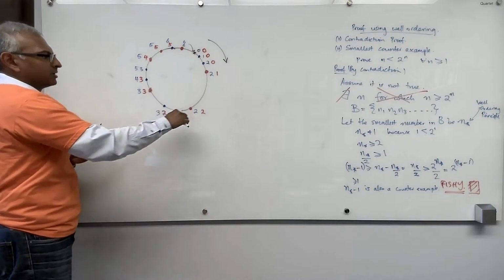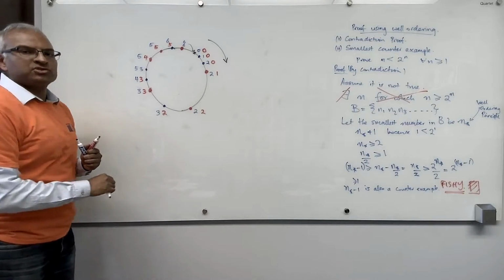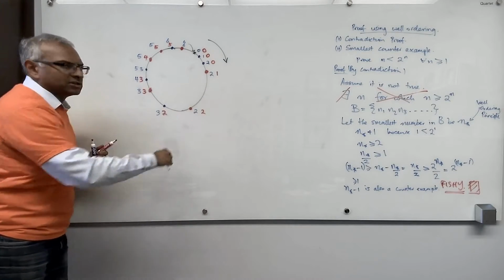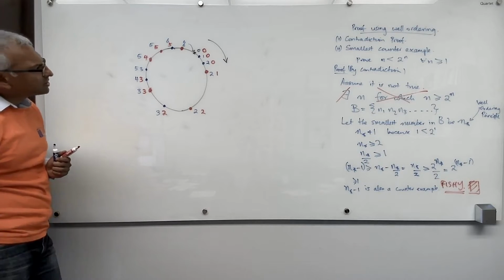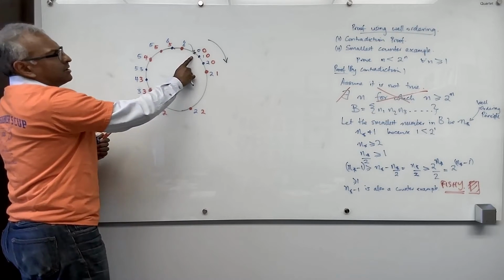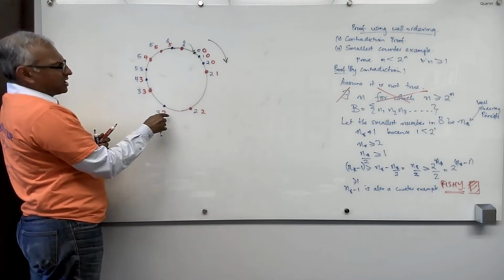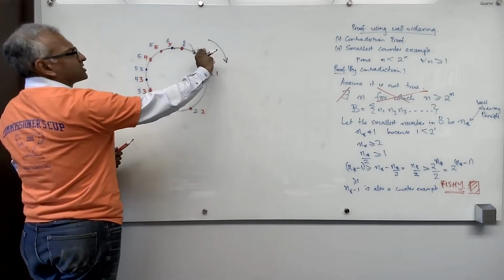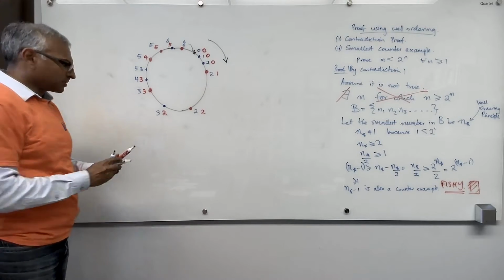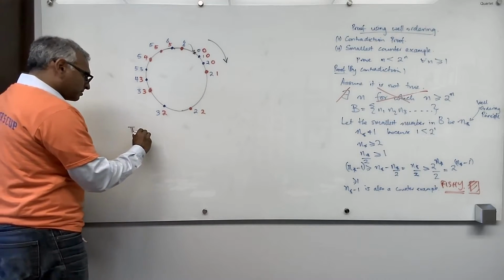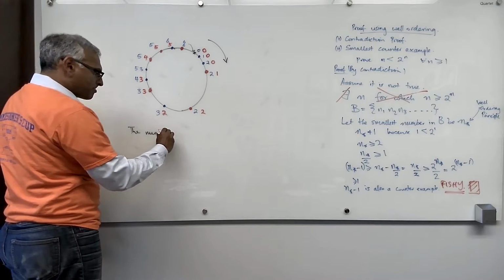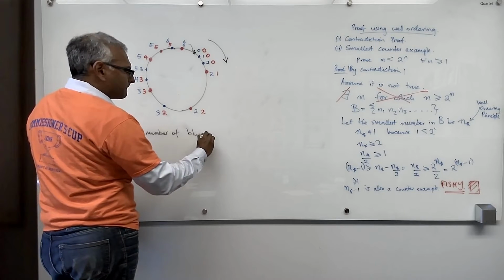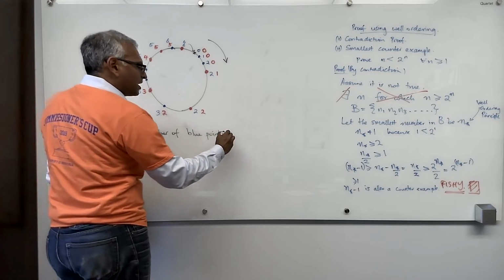So I've gone around and kept track of how many blue points and how many red points I pass. And one thing you will observe is that by starting here, the number of blue points I have passed is always at least as large as the number of red points I have passed.